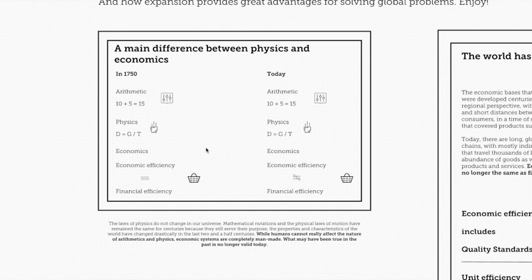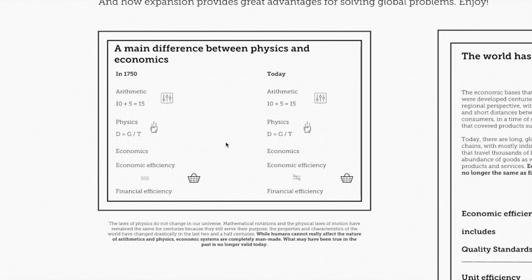And thus, if you only focused on finance and the financial efficiency of individuals and organizations, then there would be automatically an economic efficiency. You don't have to understand the differences. This is one of the main points of this exhibition.